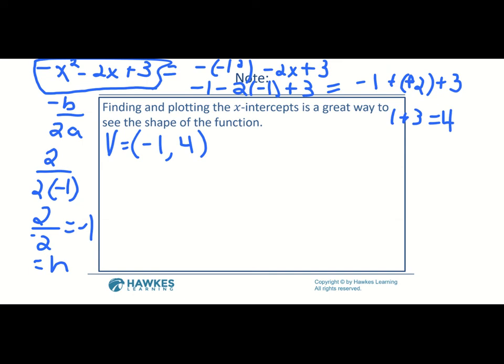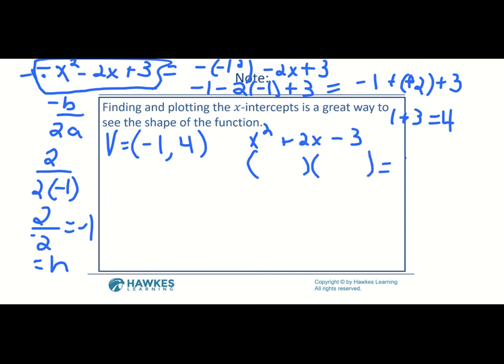So if I multiply everything here by negative 1, I am going to end up with x squared plus 2x minus 3.